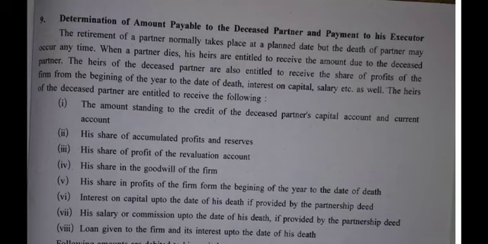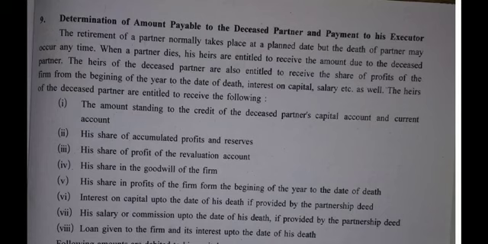Of course it was not planned. So the amount of profit from the beginning of the year till the date of his death is to be calculated and is to be given to the heirs of a deceased partner.